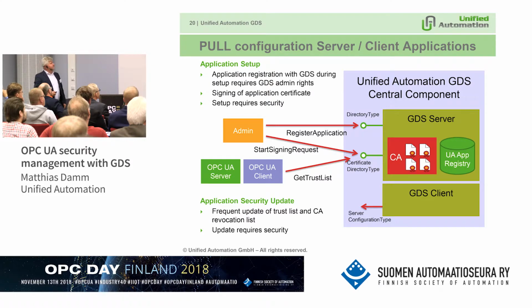So in the case of the pull model, it's typically a tool provided with the OPC UA product that is used to register the product at installation time, to get a certificate from the GDS through the standard interfaces of the GDS defined by OPC UA, and then to update the certificates. There's get trust list and updating the trust list and the revocation list for server and client applications that have the pull model integrated.